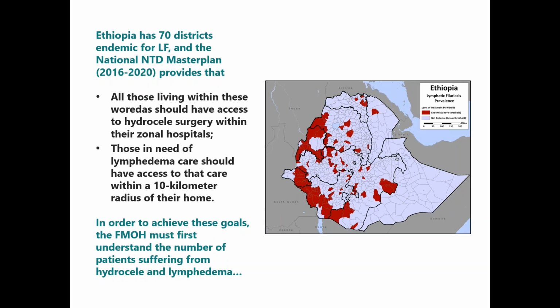And LF MMDP is one of the strategic priorities in the second edition of the NTD master plan, which is focusing on creating access for hydrocele surgery as well as lymphedema management. So in order to achieve these goals, the ministry must first understand the number of patients suffering from hydrocele and lymphedema, which is very important for planning purposes, resource mobilization, the implementation, and the like.